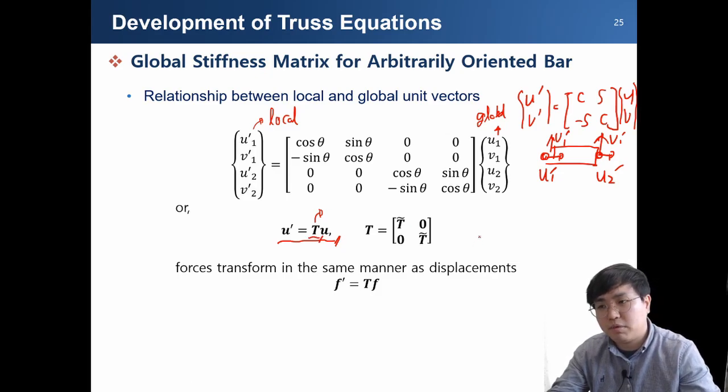Similarly, we can say the same for the force vector.